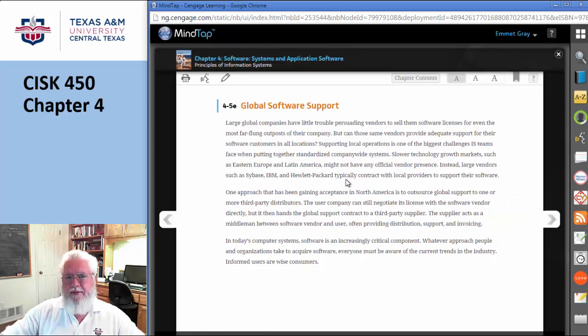Global software support. We're going to be talking about this in the upcoming chapter, but let's say, for example, that you have a piece of software that's being used all over the world. So I need a support mechanism that can handle different languages, different time zones, a website in lots of different languages, telephone support. Before globalization, most people just had their own support mechanism.